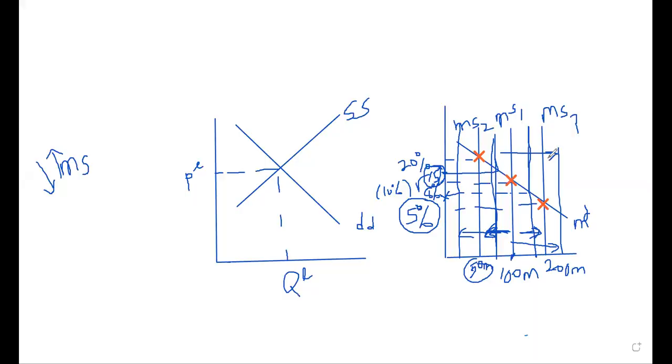Expansionary, increase money supply, or contractionary, reduce money supply, the tightening monetary policy. So you either use the OMO to do the expansion, or you can use the discount rate policies where you influence the rate at which banks borrow from the central bank.